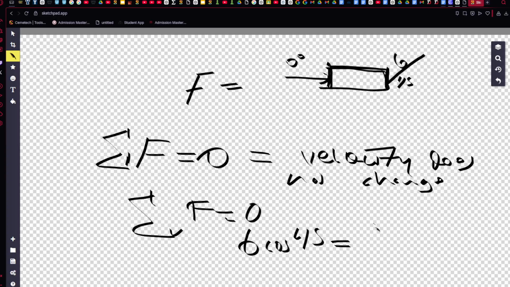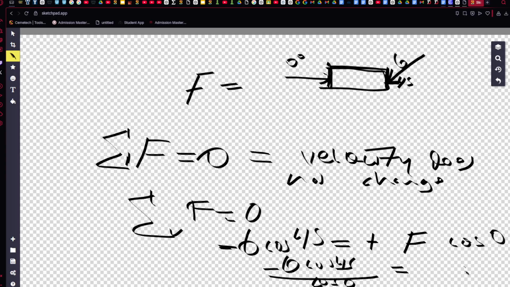It has to equal the negative of the force times cosine 0. Assuming the force is being applied this way, it's negative 6 cosine 45, which is equal to plus F cosine theta. And you could solve for this pretty simply. Just divide by cosine 0 on both sides. Remember, cosine 0 is just 1. Cosine 45 is square root 2 over 2.